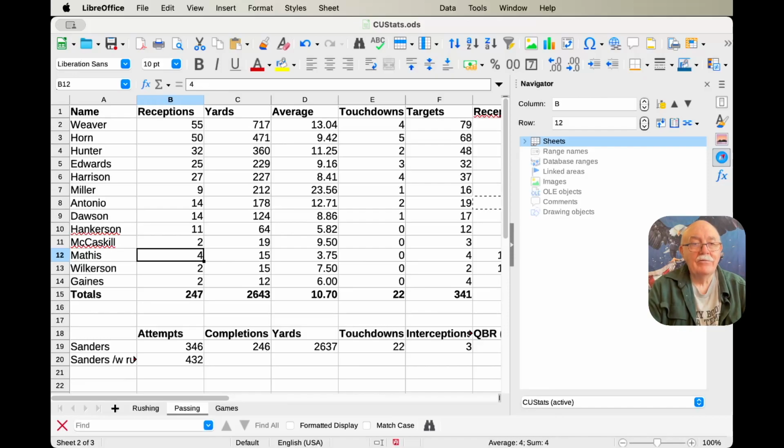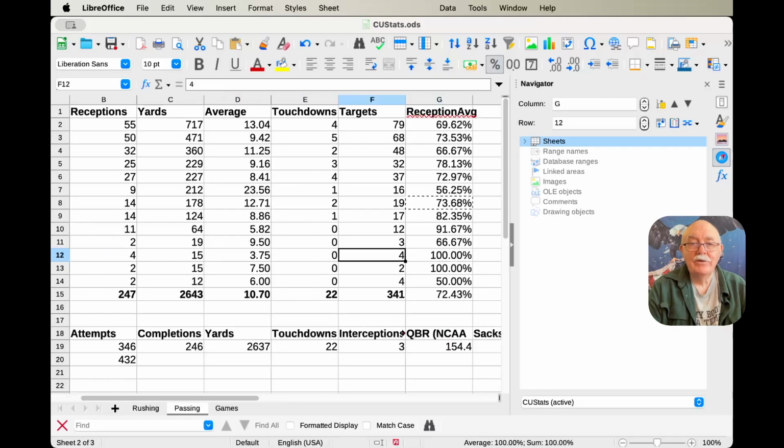Caleb Mathis has 4 receptions for 15 yards, so he's averaging 3.75 yards per reception. But look at this. He was targeted 4 times. He had 4 receptions. In other words, every time the ball was thrown to him, he caught it.